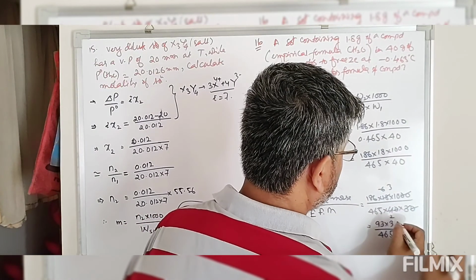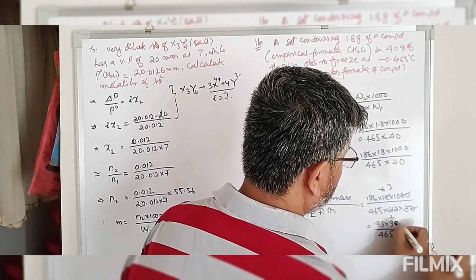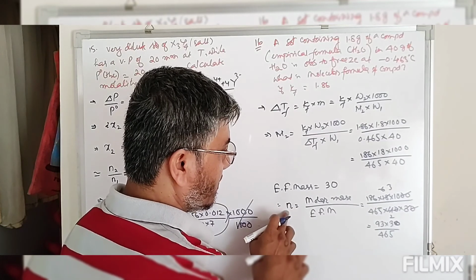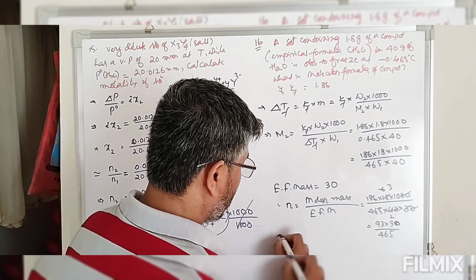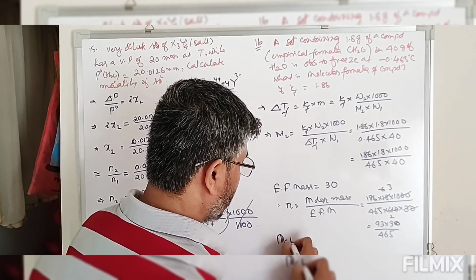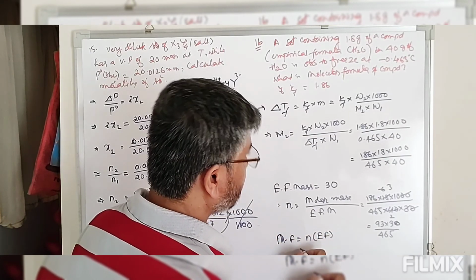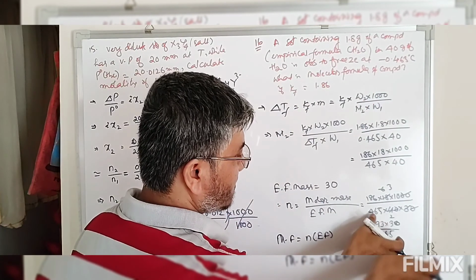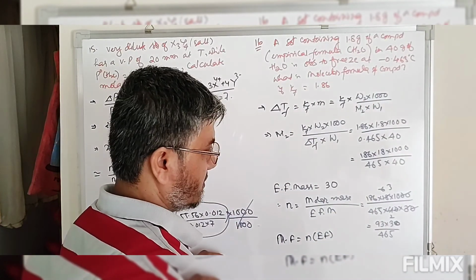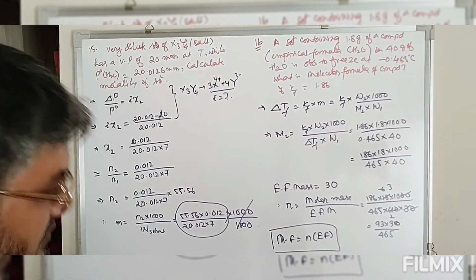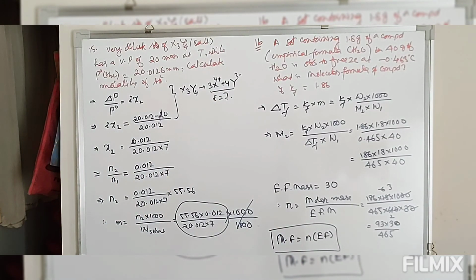So we have this N. So this is the molecular N. So once we have this N, the molecular formula is N times empirical formula. This is the empirical formula, this is N. So we have this molecular formula from the freezing point depression constant.